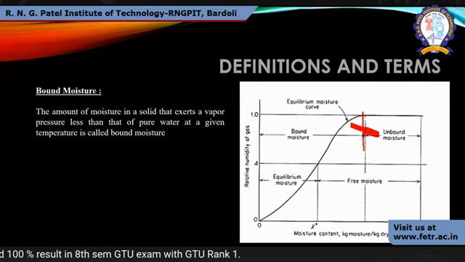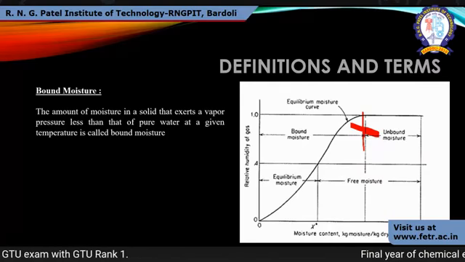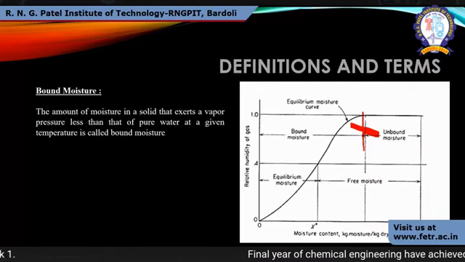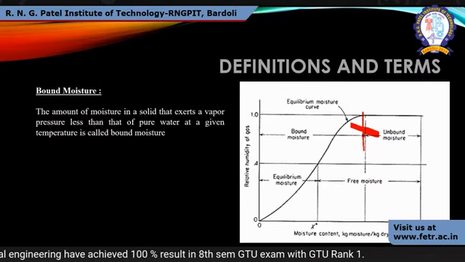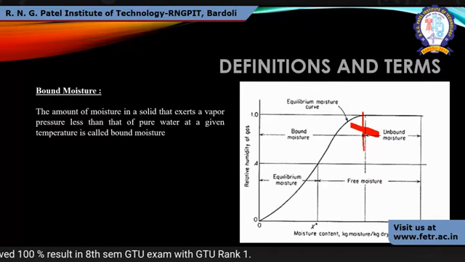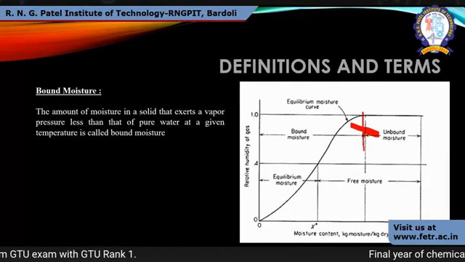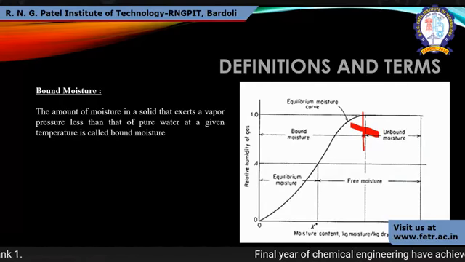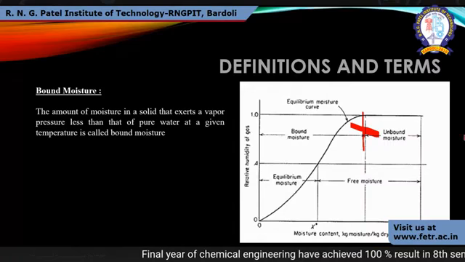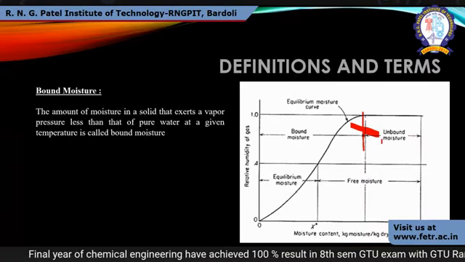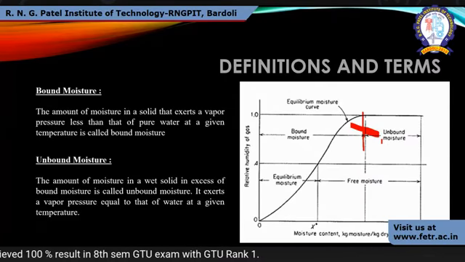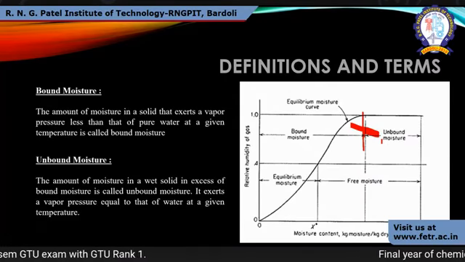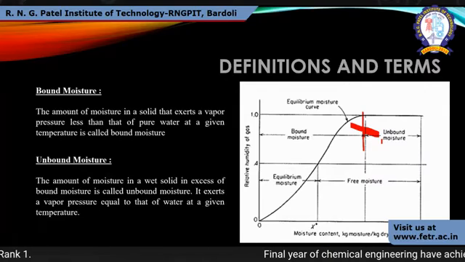If we have water available above the solid, like we have a solid surface and a higher level of moisture, then what happens? That is unbound moisture. Its vapor pressure is equal to the vapor pressure at the surrounding temperature, right? So that is known as unbound moisture. Unbound moisture means the amount of moisture in wet solid in excess of bound moisture.